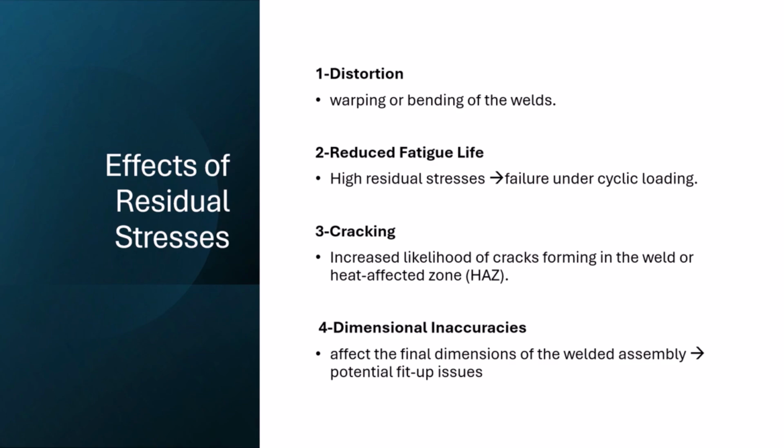It might cause cracking, especially in the heat affected zone, or dimensional inaccuracies, which affect the final dimension of the weld assembly, and we have fit-up issues and have to do the weld again.